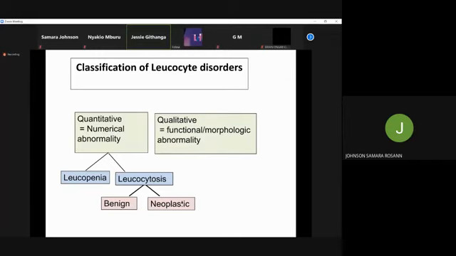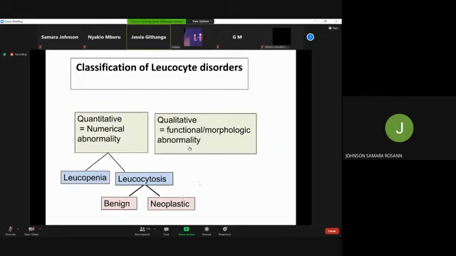That means you may have a leukopenia, and the leukocytes, besides being reduced, are also functionally or morphologically abnormal, all right? So those two are not mutually exclusive. And very often when we have a neoplastic rise in our leukocytes, it is accompanied by functional and even morphologic abnormalities.